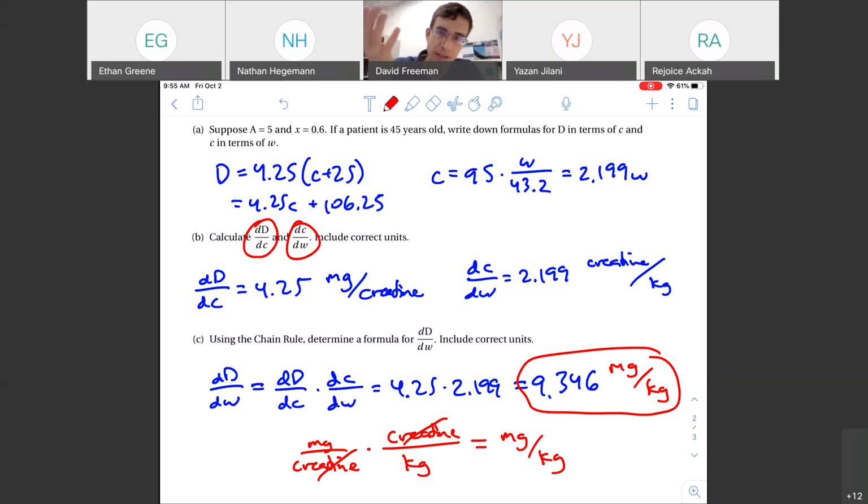So capital D is a function of C, so we take dD/dC for the derivative. C is a function of W, so we take dC/dW to get the derivative. And we can also think of D as a function of W, because it does depend on weight indirectly. So dD/dW is the derivative of dosage as a function of weight.